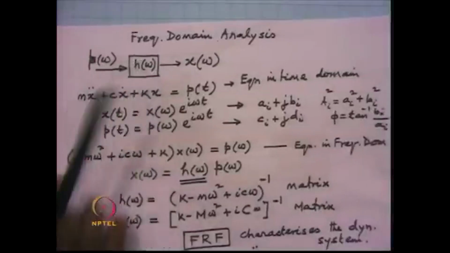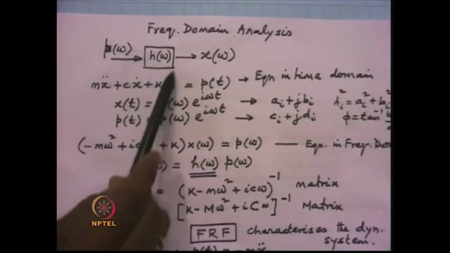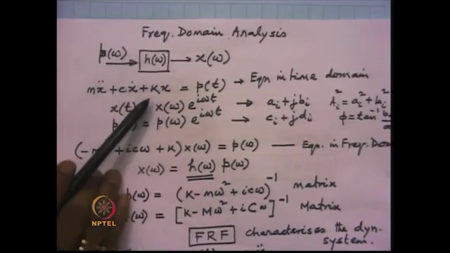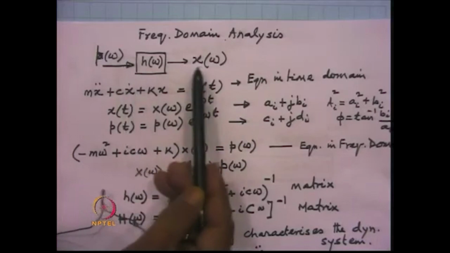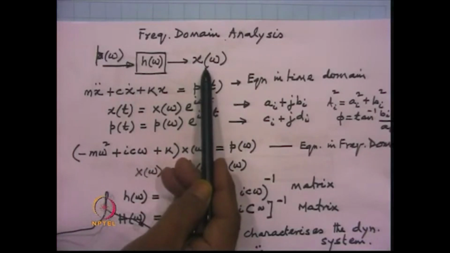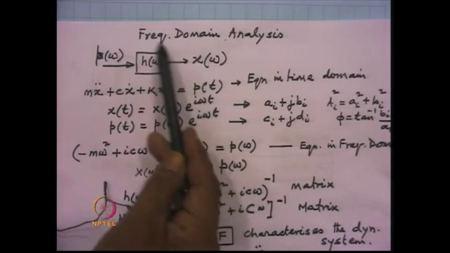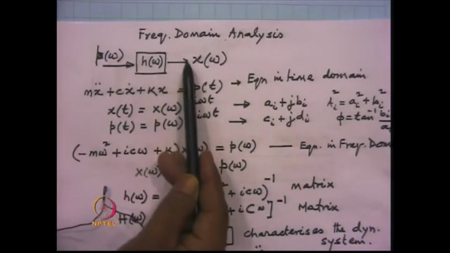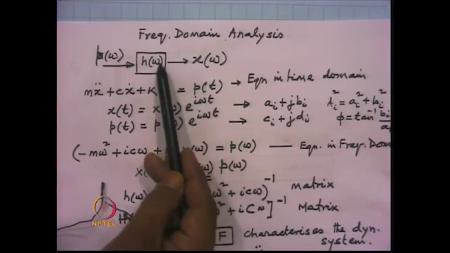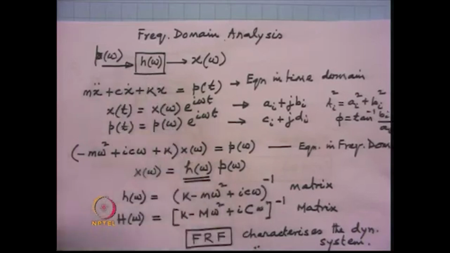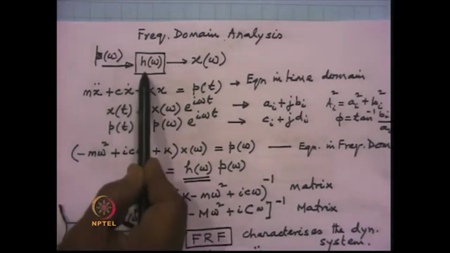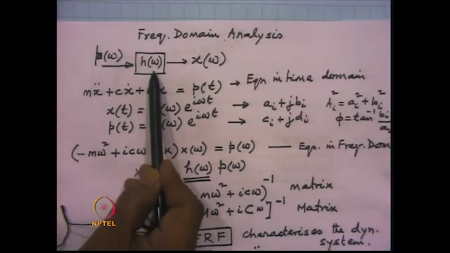This is a single degree of freedom system, and P(t) is the input and x(t) is the output. The frequency components of them are shown over here, and the characteristics of the single degree of freedom system is represented by its frequency response function H(omega).